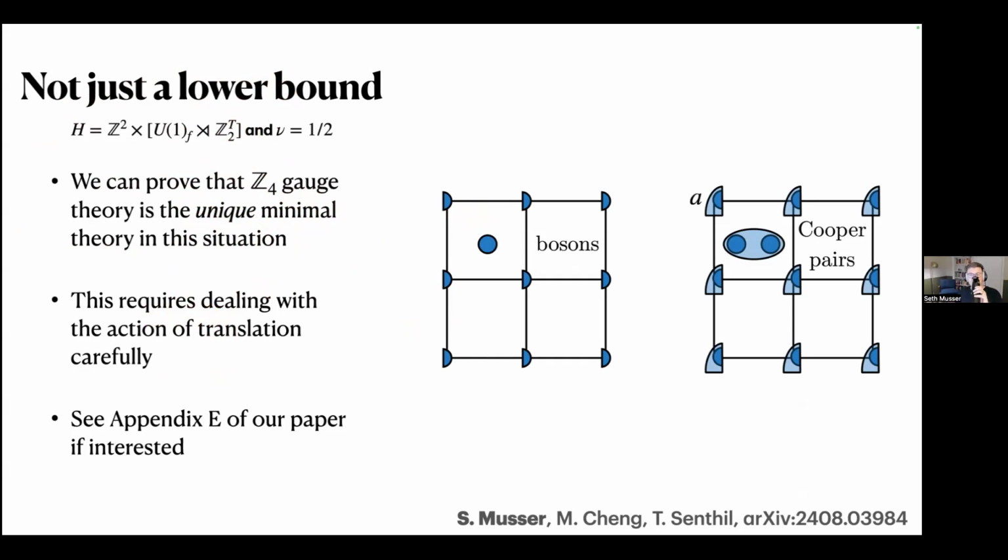You need to be very careful not to make certain assumptions about the background anyon. But if you treat those carefully, you can see Appendix E of our paper if you're interested. We're able to show that Z4 gauge theory is actually the unique minimal theory.